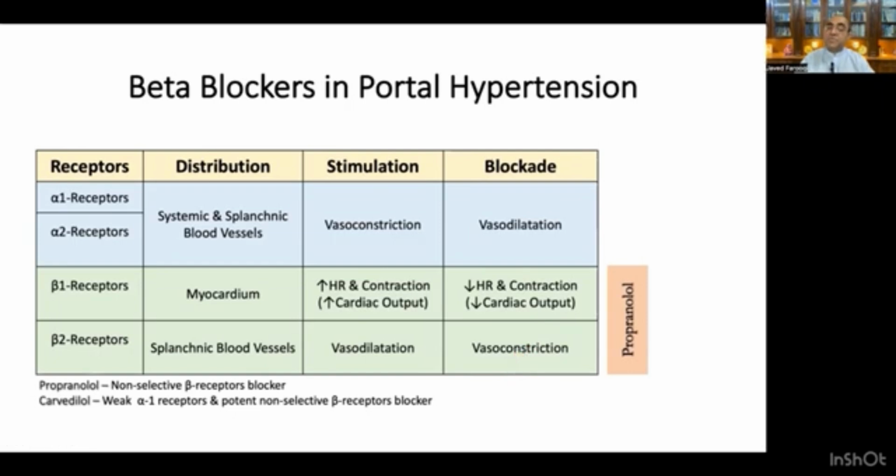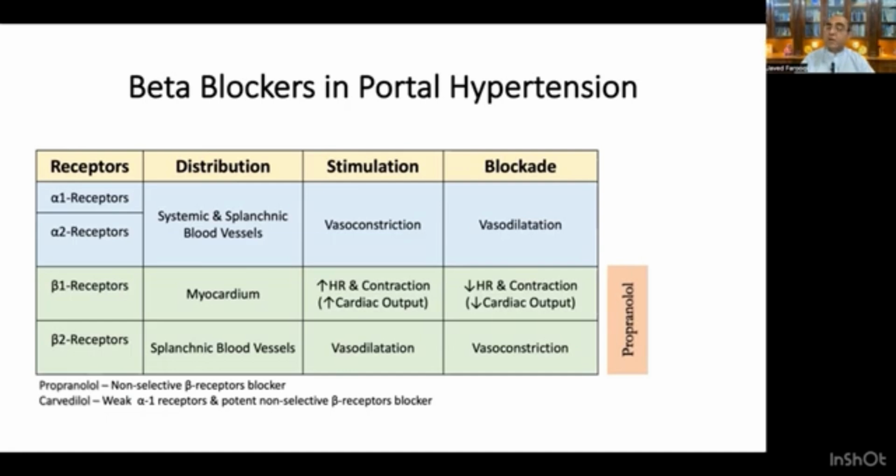It will be pushed from the splanchnic blood vessels to the systemic blood vessels. So again, propranolol decreases the amount of blood within the portal vein, and with this mechanism, it lowers down the portal hypertension.